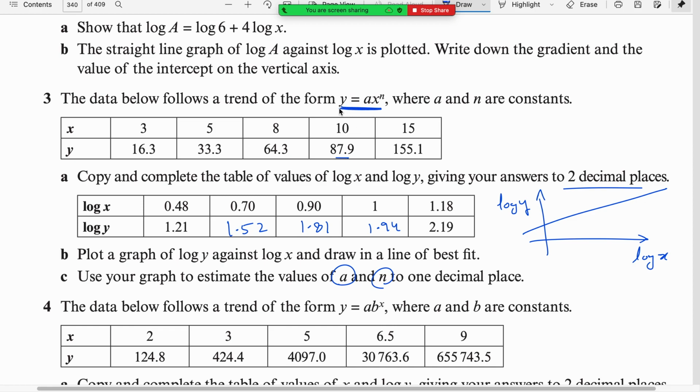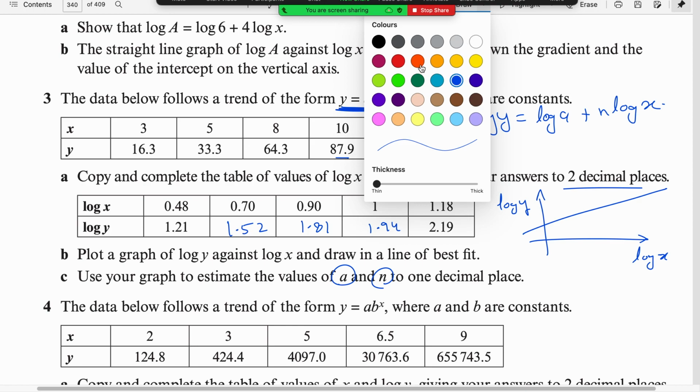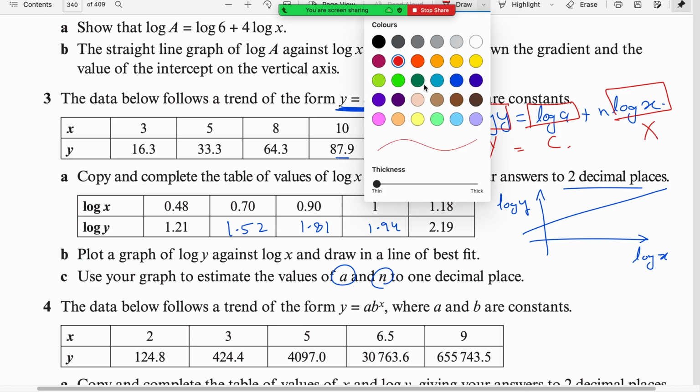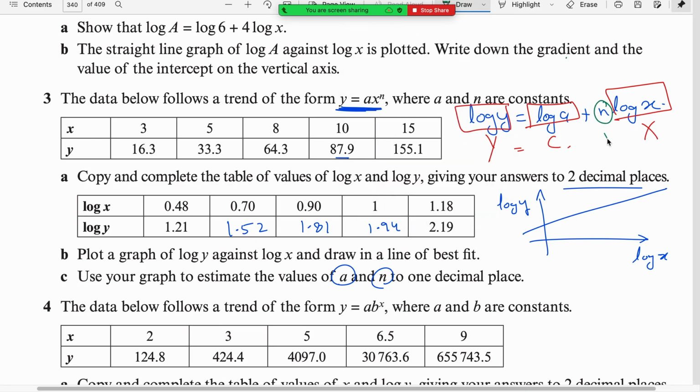If I write this equation in logarithmic form, it will look like log y is equal to log a plus n log x. So this is y, this is c, log x is x, and this n is the gradient.